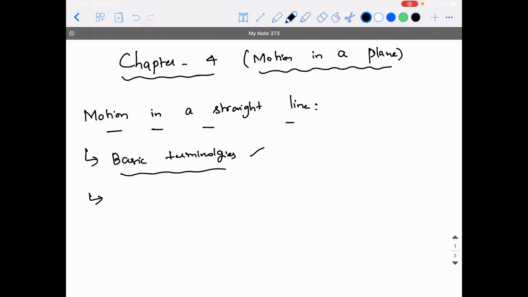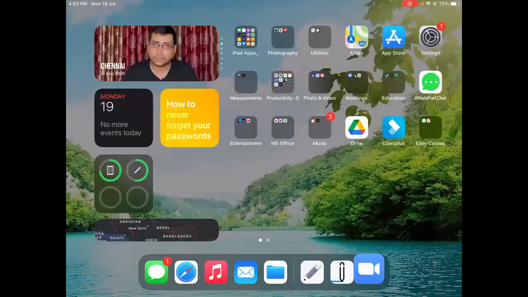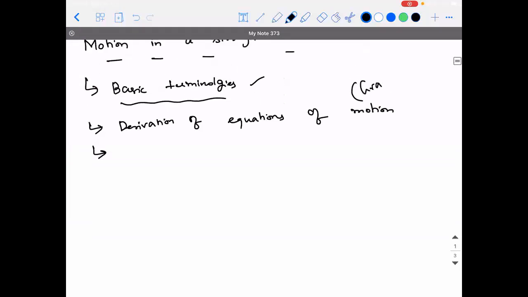Then we tried to derive the relation between them, both using graph and the calculus method.